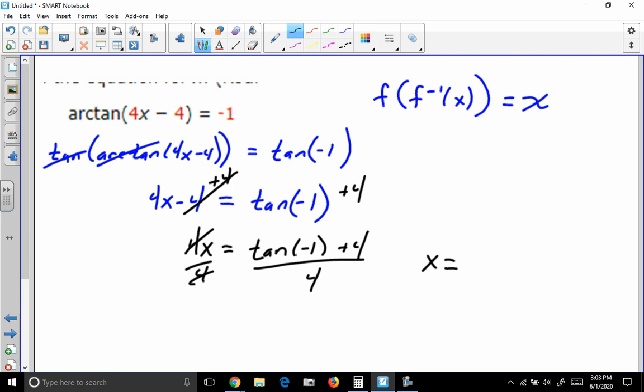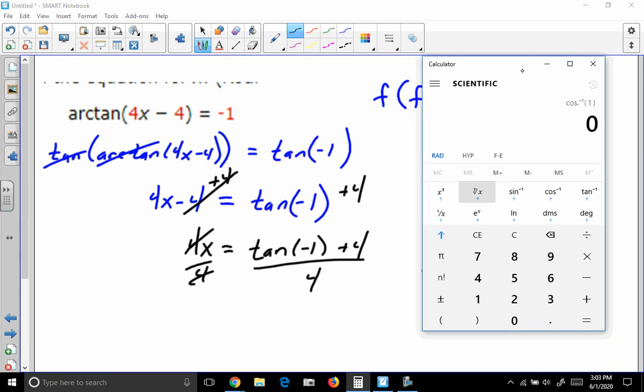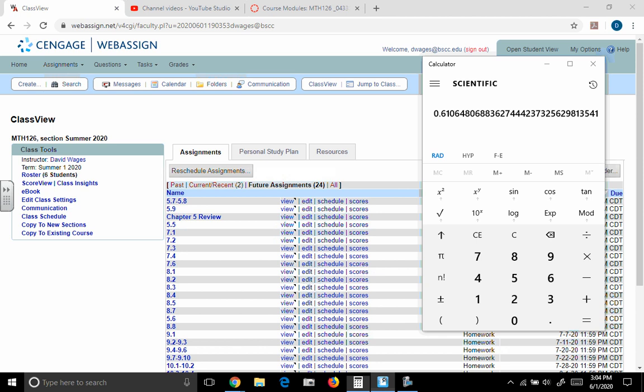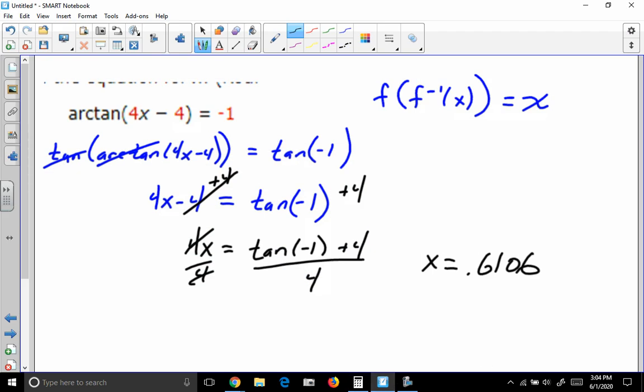So x is whatever we get when we do that. So we don't want inverses, but we want to take tangent of -1, add 4 to it, and then divide that by 4. So about 0.6106, if I type that in my calculator correctly. And not necessarily the only way to do that, but that's one way to go about doing that.